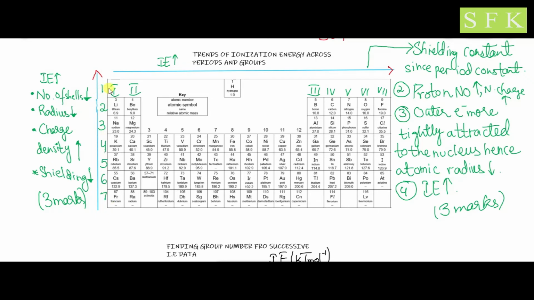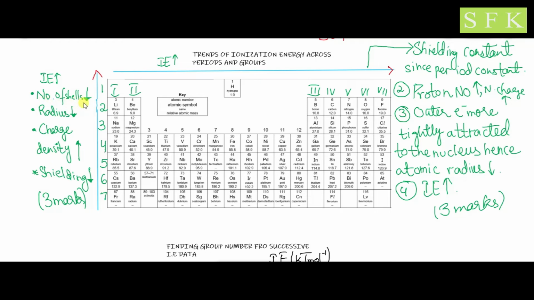So the first period has only one shell, in both hydrogen and helium, the noble gas, which I haven't shown here. Then the second period has two shells, the third period has three, then four, five, six, and seven. Up the group, the number of shells in each element decreases from 7 to 1.